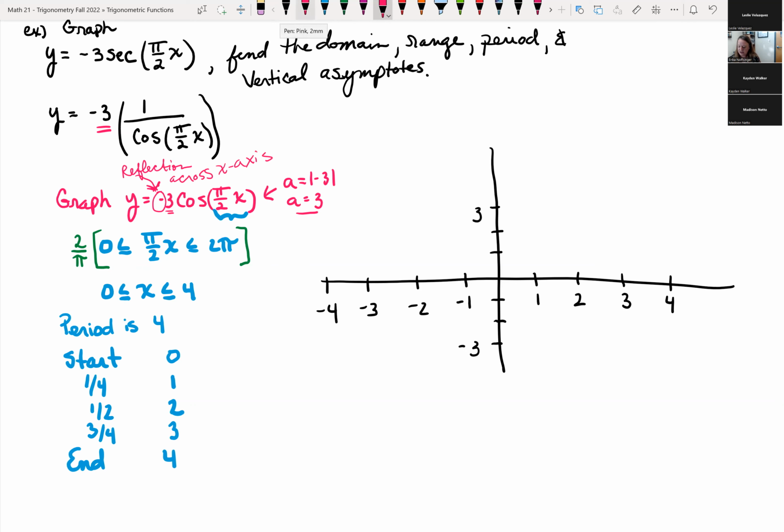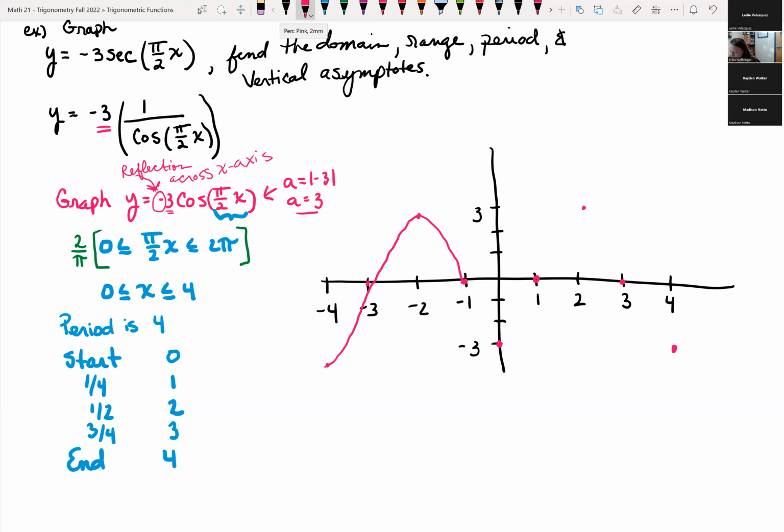So for this cosine function, we're starting here at 0, -3. At 1, we're going to hit the midway line, which is our x-axis. At 2, we're going to hit the max at 3. At 3, go back down to the midway line, x-axis. And at 4, we're hitting the y value of -3. And plot those important points. And that gives us the graph of our cosine function.